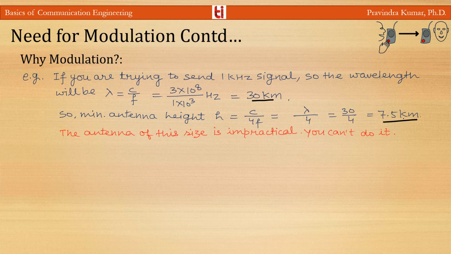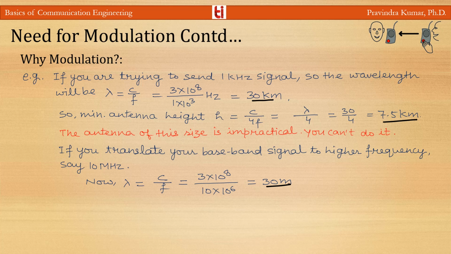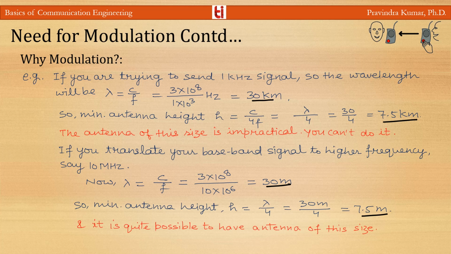You cannot do it. So now if you translate your baseband signal to the higher frequency, say 10 megahertz, now the wavelength will be 30 meter, and the minimum antenna height will be 7.5 meter. It is quite possible to have antenna of this size.